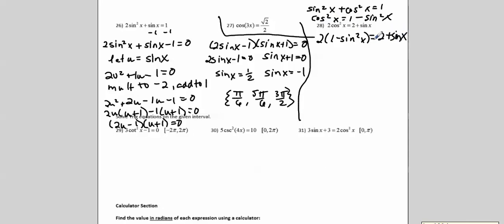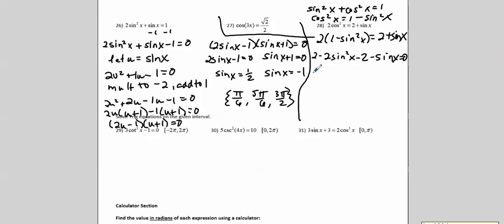Now the other thing I need to do is make one side 0. So I'm going to distribute this side. I get 2 minus 2 sine squared x. Then I'm going to subtract the 2 from both sides and subtract the sine x from both sides to make the right side 0. 2 minus 2 cancels out.